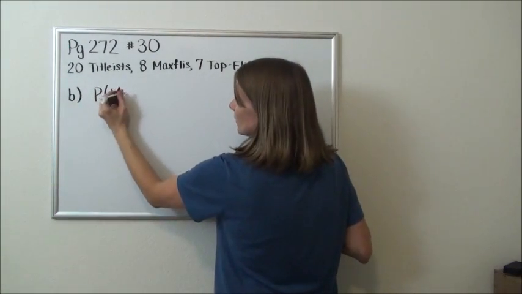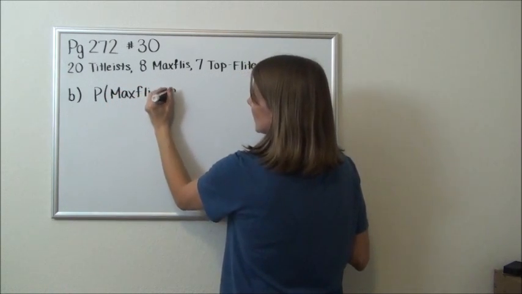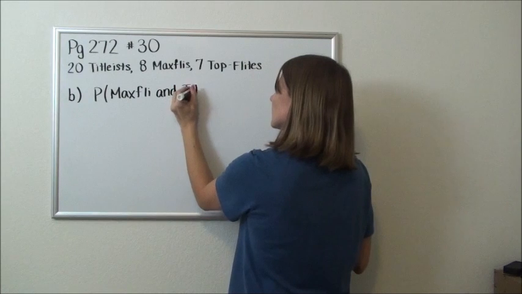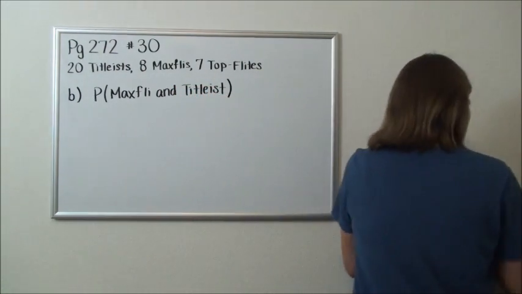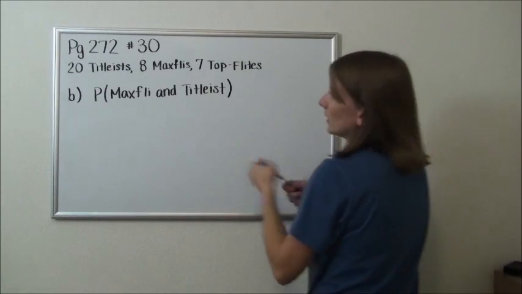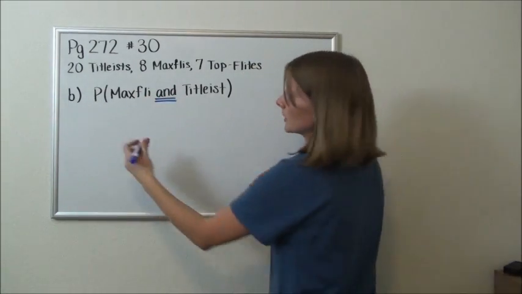So Max Fly first and Titleist second. Again, that key word is and. It turns into multiplication.